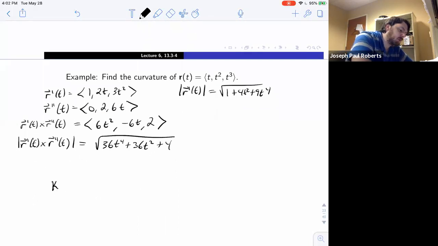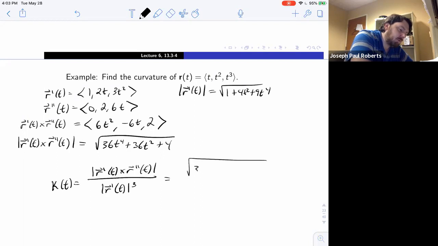And so therefore curvature is the length of r prime cross r double prime over the length of r prime cubed. So it ends up being the square root of 36t to the fourth plus 36t squared plus 4, all over 1 plus 4t squared plus 9t to the fourth, to the 3/2.